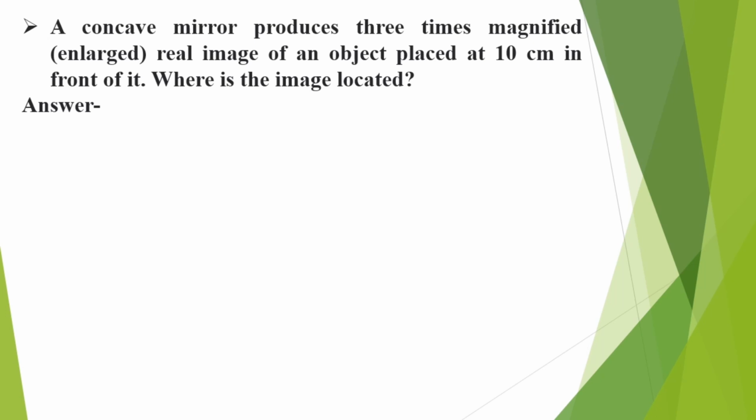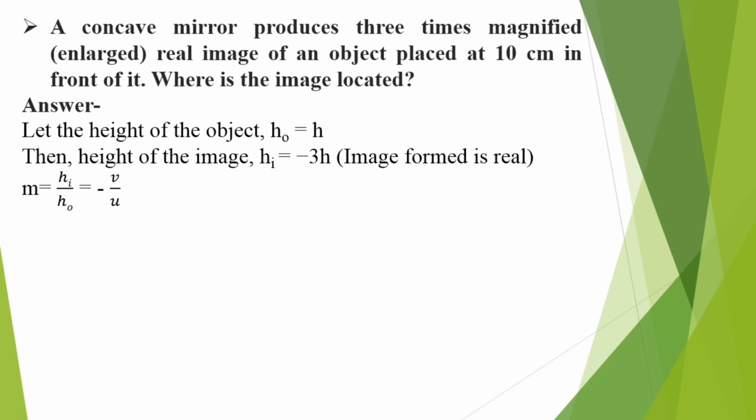Next one. A concave mirror produces 3 times magnified, that means enlarged, real image of an object placed at 10 centimeter in front of it. Where is the image located? So now we know that the height of the object will be considered as h.